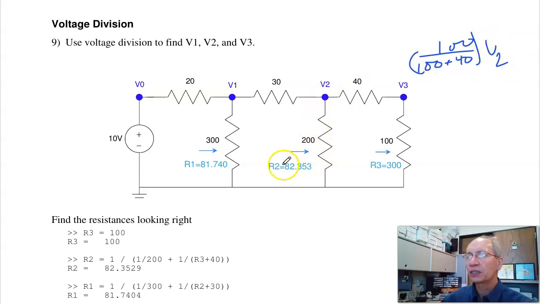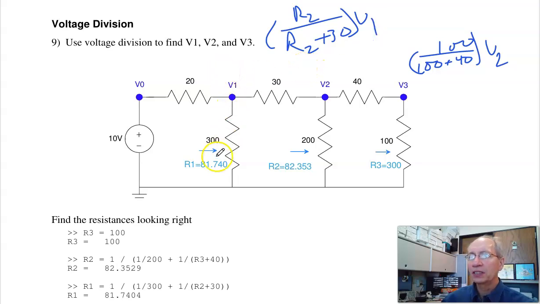V2 is the resistance looking right, that's that whole mess, R2 over R2 plus 30, that percentage of V1. And then V1 is this whole mess, R1, over R1 plus 20, the percentage of V0.